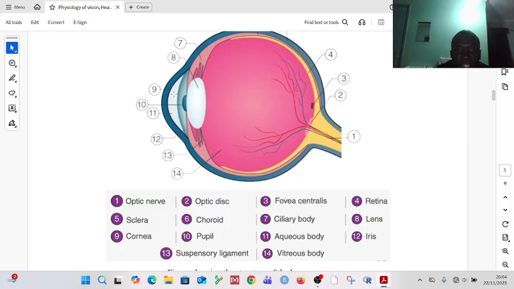So it was bent here, ilipita kwa cornea, ikaingia hapo kwa the aqueous body, it was refracted, ikapita kwa pupil, then ikapita kwa lens, ikaingia kwa the vitreous body. This one also helps in refracting it further so that iende ikue formed kwa retina.